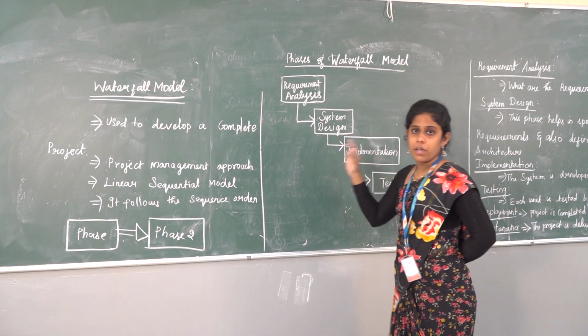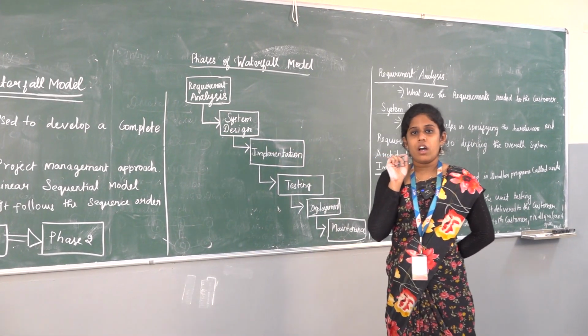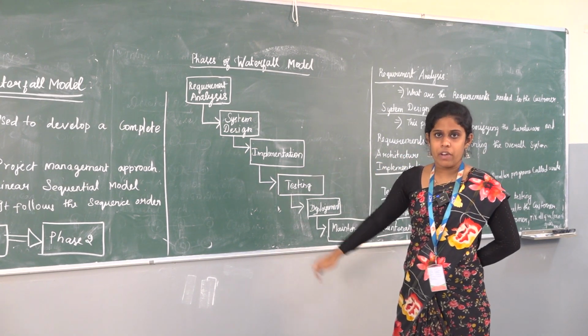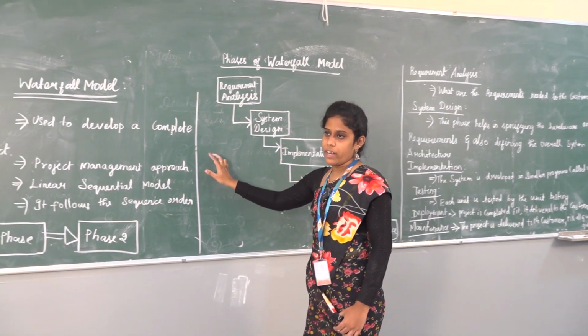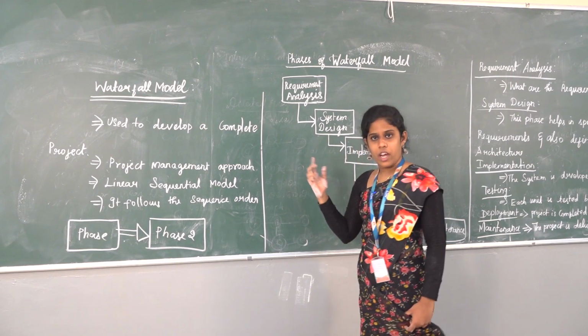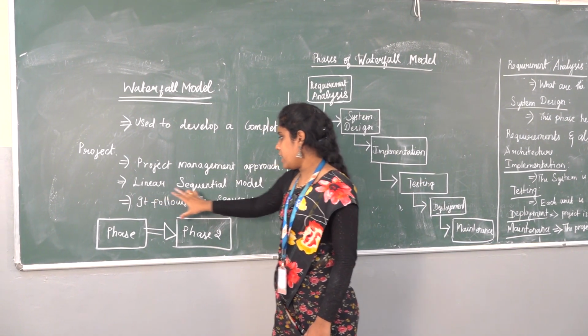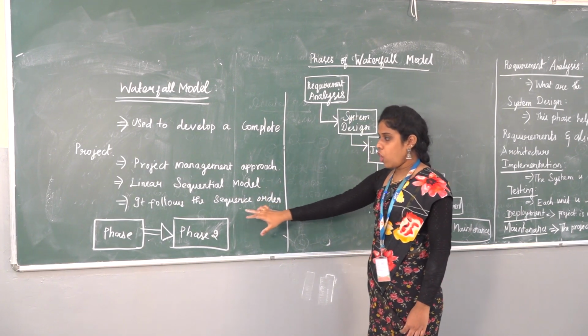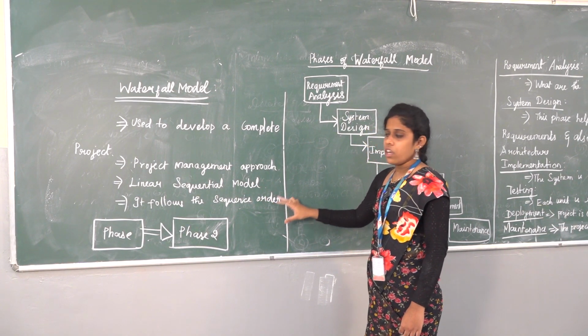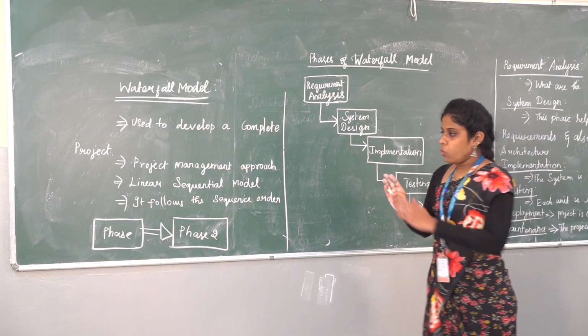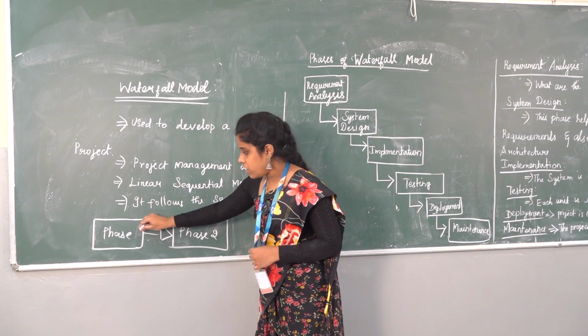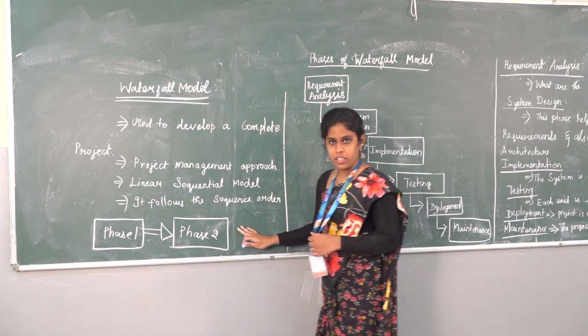It is one of the most basic and important models in software engineering. Without this model, we can't develop a complete project. It is a linear sequential model. It follows the sequence order, which means one phase is completed before going to the next phase.